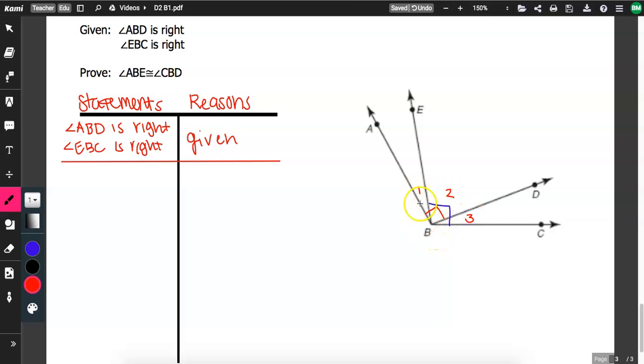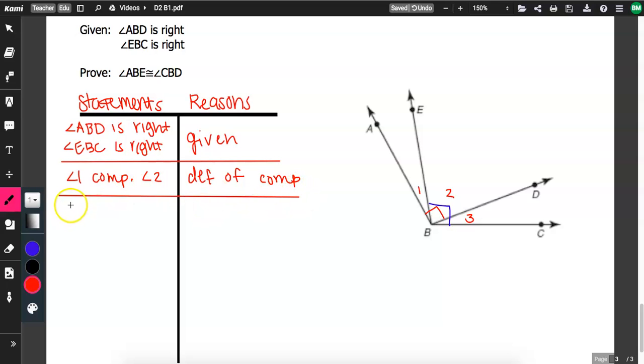So if 1 and 2 make up a right angle, I can say angle 1 is complementary to angle 2. And that's the definition of complementary because they add to 90 degrees.